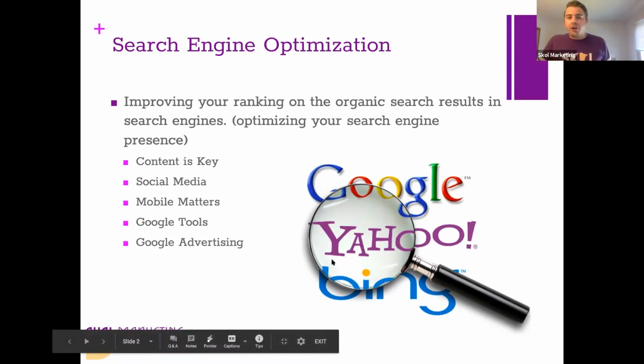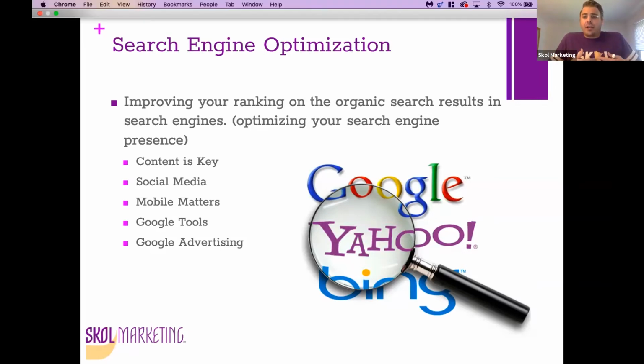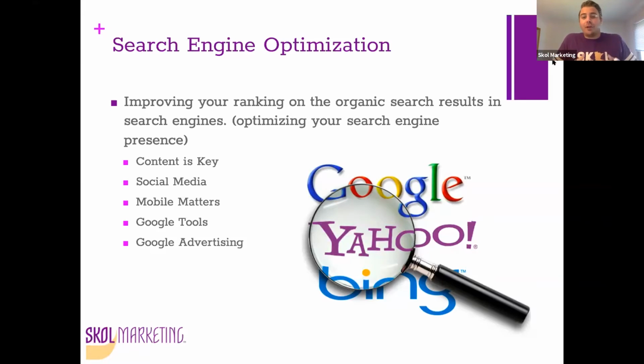The other thing to note is that while we will be looking at Google as the main search engine, do know that Yahoo, Bing, and the other search engines essentially let Google blaze the trail, so to speak, and then they follow in.